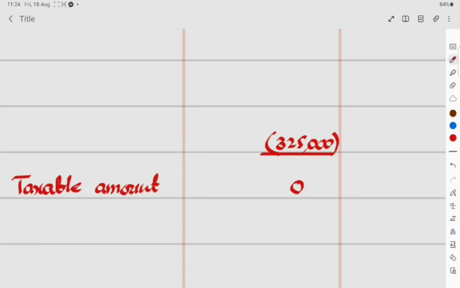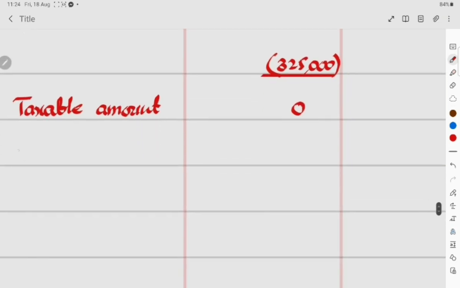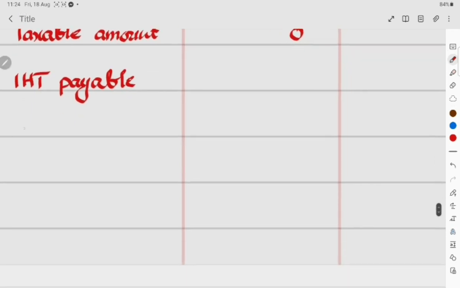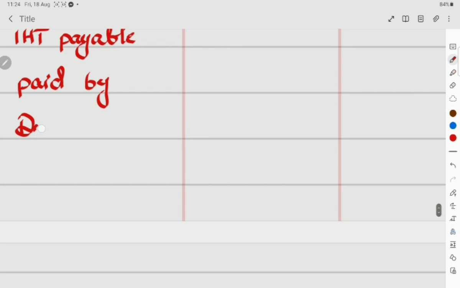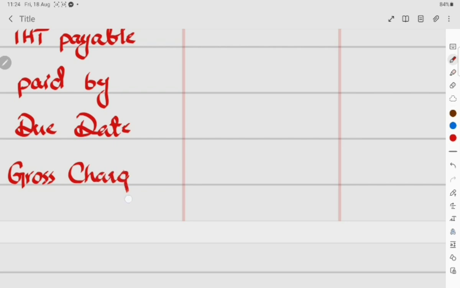Only we have to mention the gross chargeable amount. There is no IHT payable. There is no need to mention who is to pay, paid by, but it is in the format. And third thing, the due date, and fourth thing is gross chargeable amount. And that is same for chargeable amount, means 3,09,000.